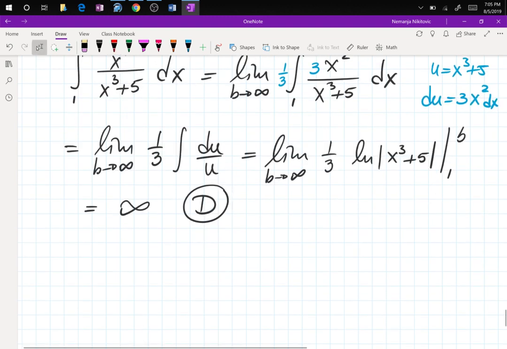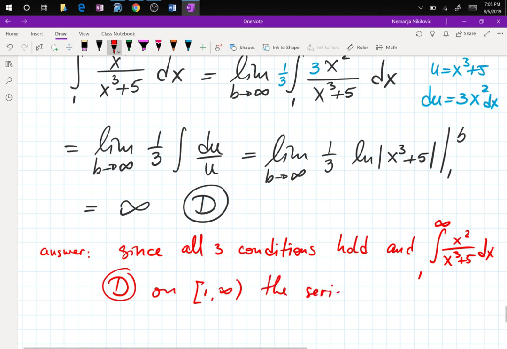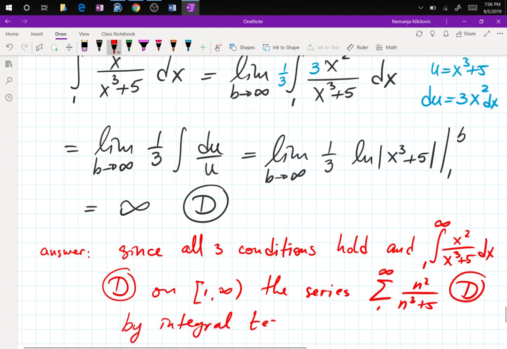So now I'm going to write the answer. Since all three conditions hold, and the integral of x squared over x cubed plus 5 dx from 1 to infinity diverges, the series summation from 1 to infinity of n squared over n cubed plus 5 diverges by integral test.